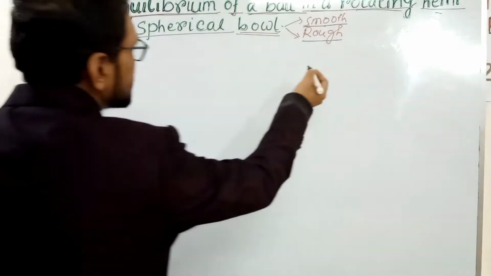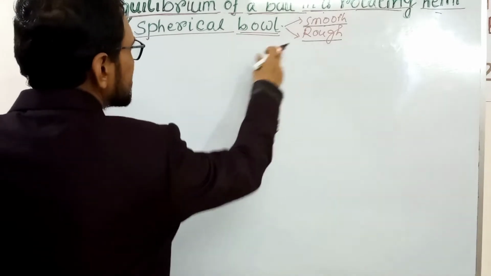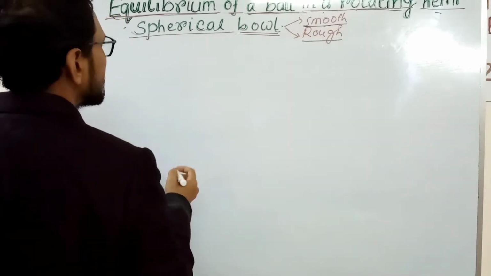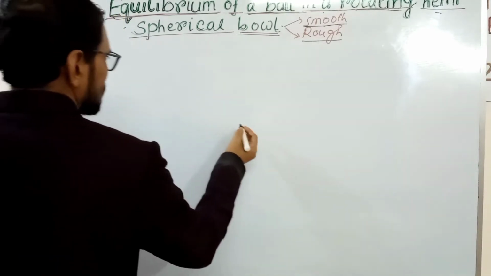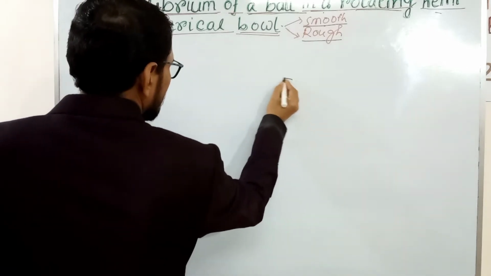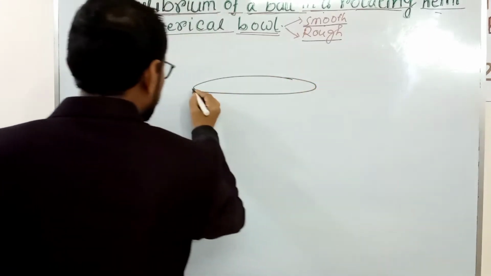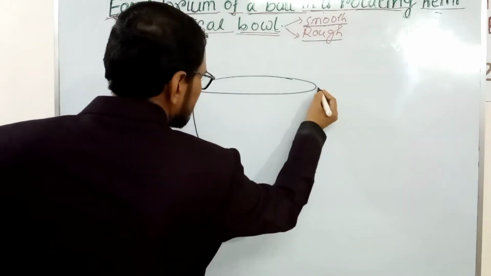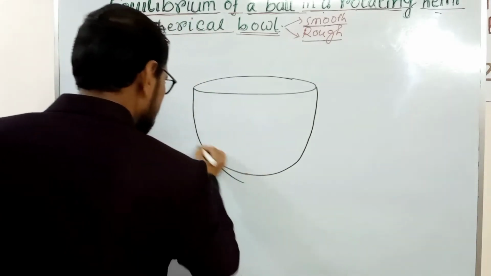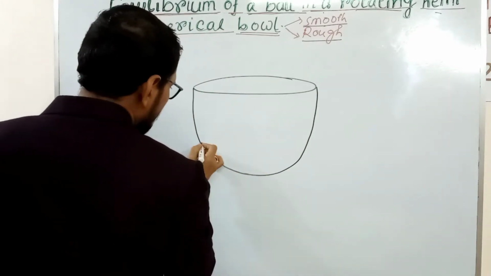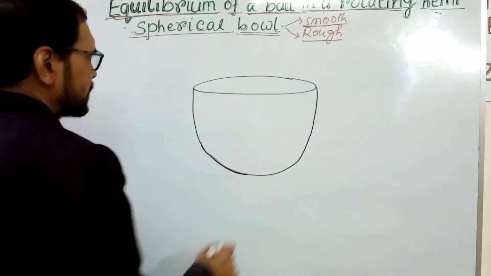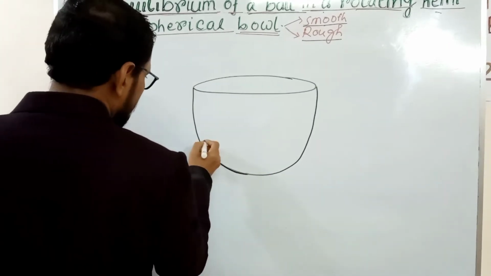First I will discuss equilibrium of a ball in a smooth spherical bowl. Suppose this is a smooth hemispherical bowl and a ball is present here.